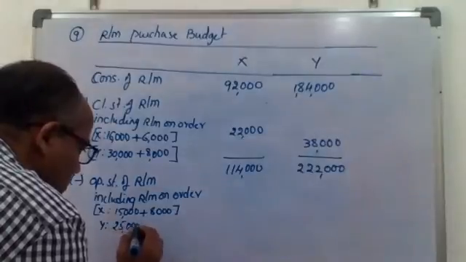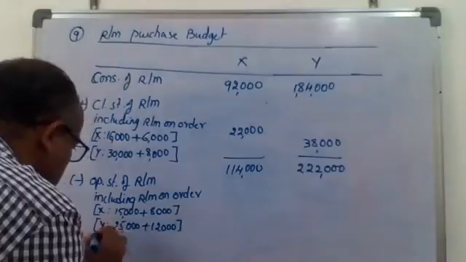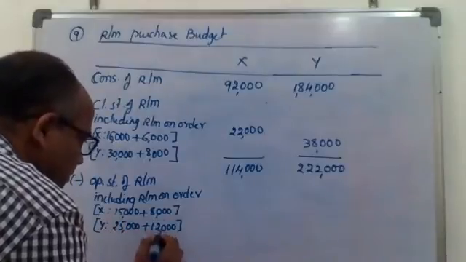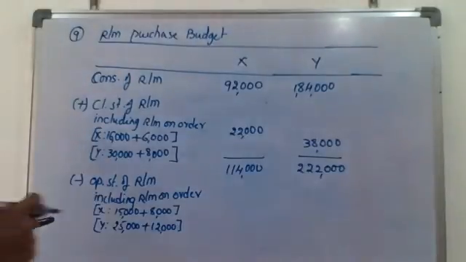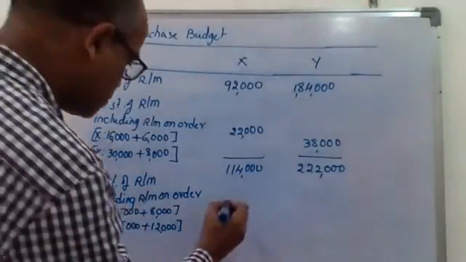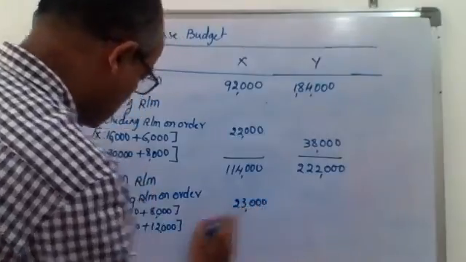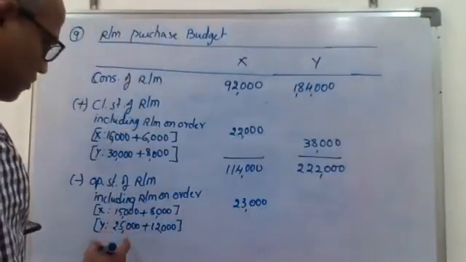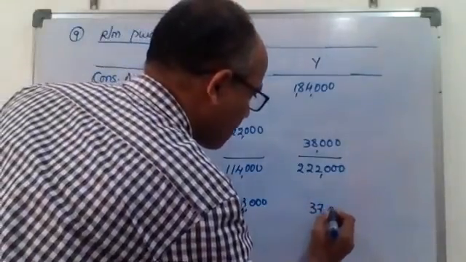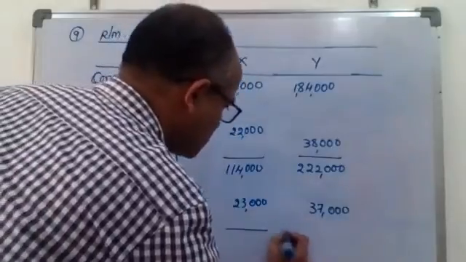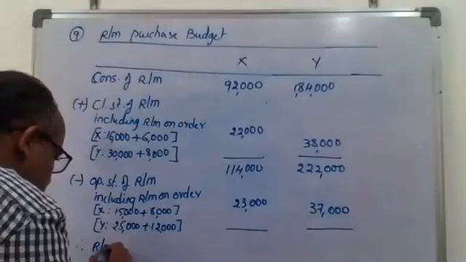So 25,000 plus 12,000. 15 plus 8 comes to 23,000. 25 plus 12 comes to 37,000. So deduct this, and you get the raw material required to be purchased.